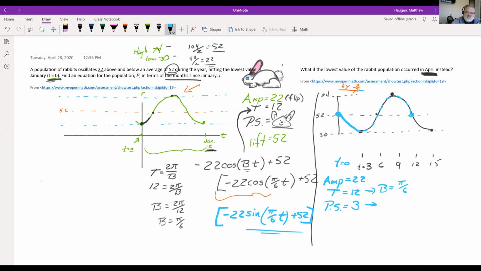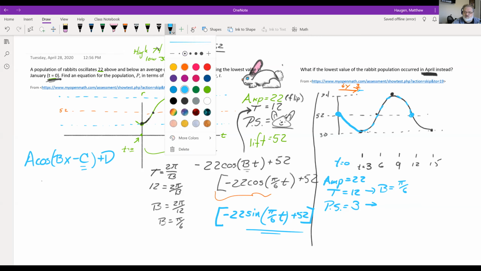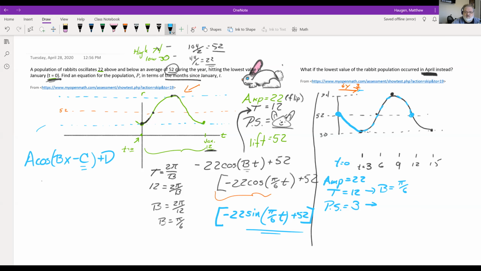Now, again, remember that our phase shift in this form is not this C value. The phase shift is this C value compressed by the B, right? So if I wanted to find out what the C value is here, one way we could do it, and again, we have options, but if I wanted to find that phase shift, we have to take that C and divide out that compression factor.